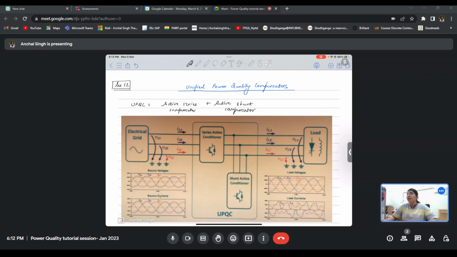And today we are going to discuss UPQC, the Unified Power Quality Compensator. UPQC is a combination of both shunt and series active compensators. That is, UPQC has the features of doing both series and shunt compensation, so it can take care of both current and voltage power quality problems.